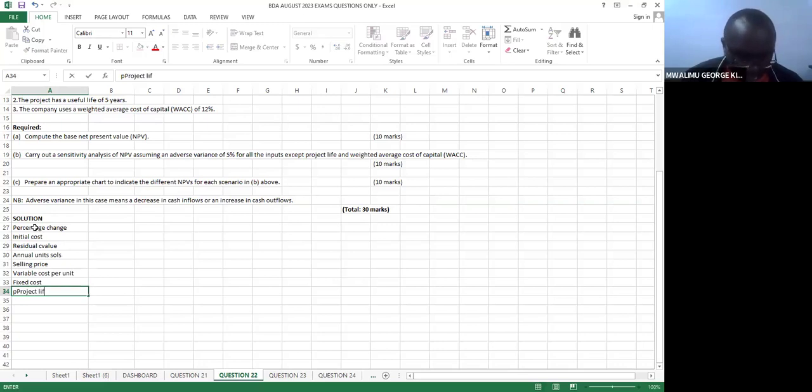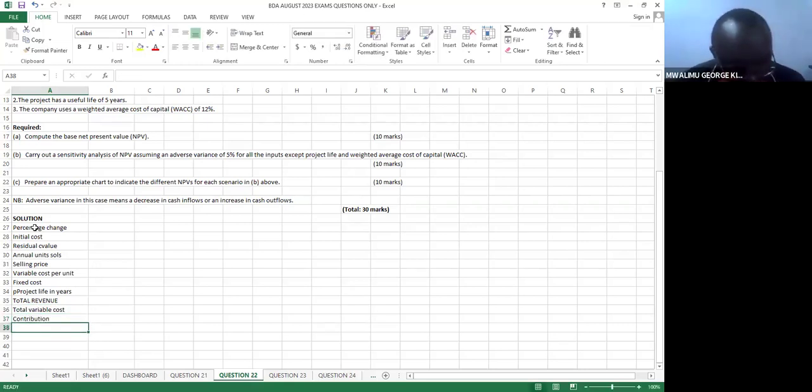We will have another one for the project life in years. We are going to have total revenue, total variable costs, contribution, and net cash flow.